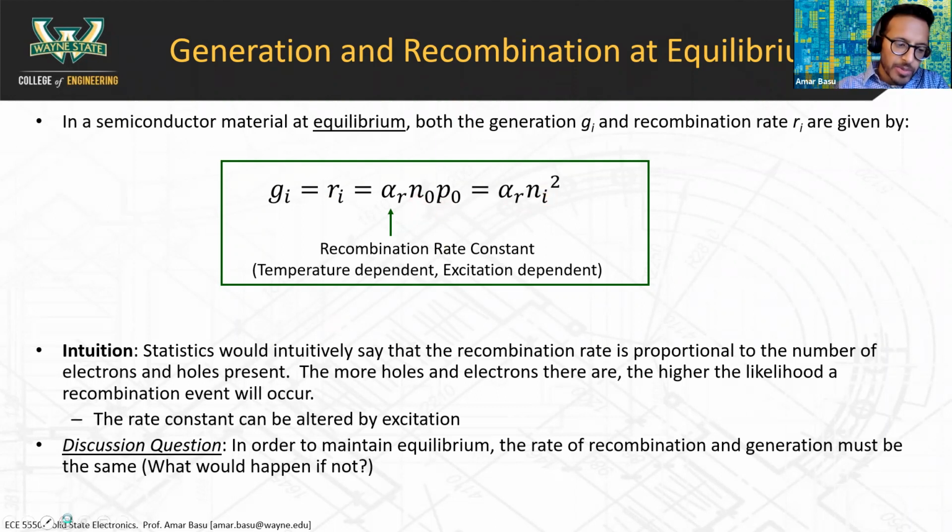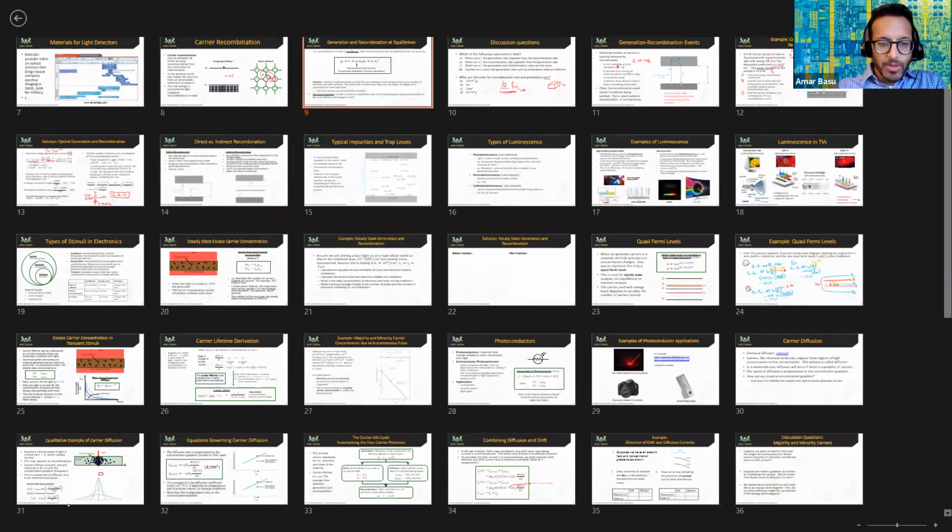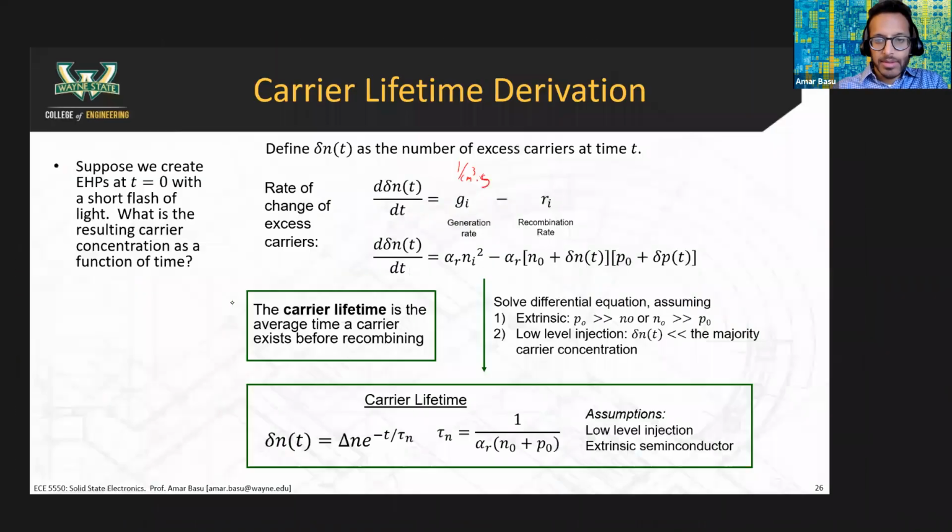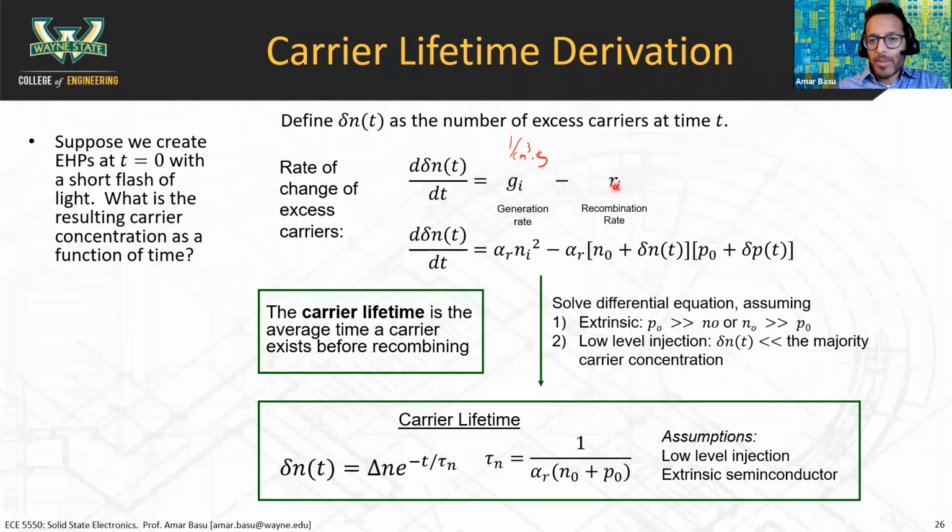In non-equilibrium situations, which is what we're looking at right now, for the recombination rate, we're plugging in the electron concentration and the hole concentration, just like we were before. But it's not just n0 and p0 now. It is n0 plus Δn and p0 plus Δp. Why? Because we're shining light on the material, so we created excess electrons and we created excess holes.